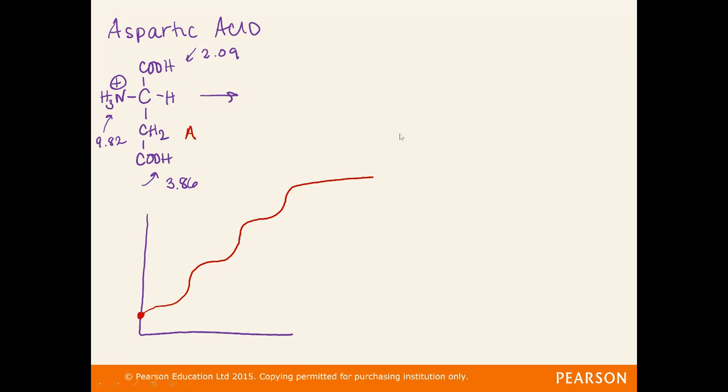All right, so I'm starting off with A, and then the first one that's going to go is the COOH that's attached to the alpha carbon. So that's our first one to be ionized. So let's go ahead and write that.